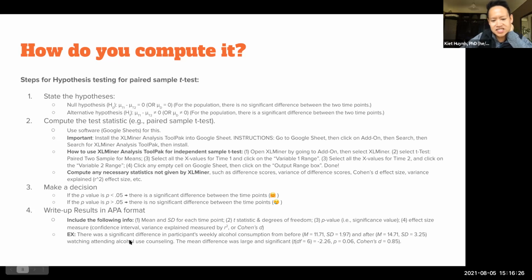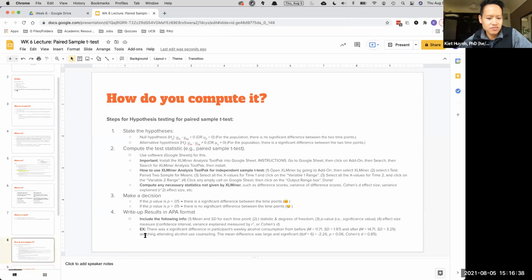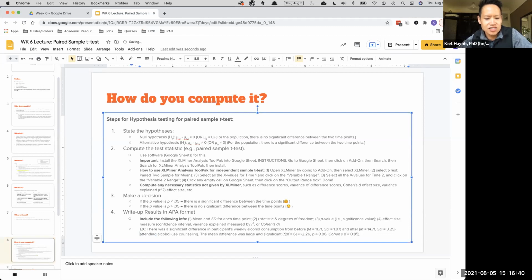There was a significant difference in participants' weekly alcohol consumption before and after receiving alcohol use counseling.